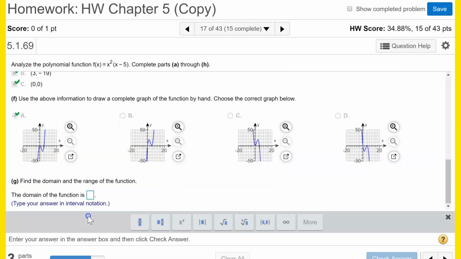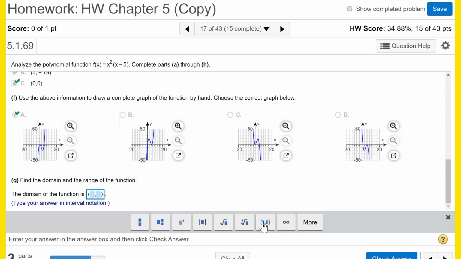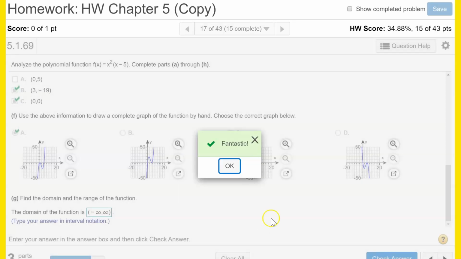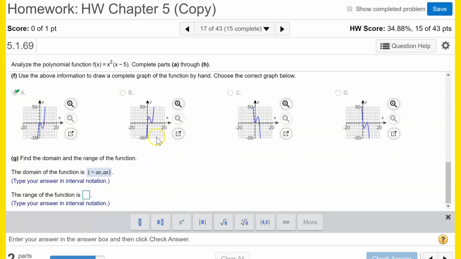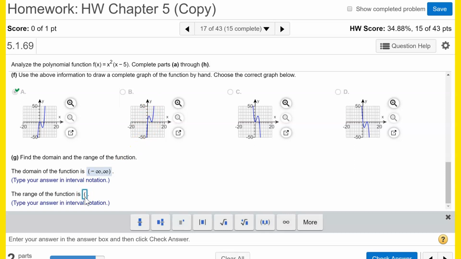The domain of all polynomials is all reals, so I think we would have to type in interval notation: negative infinity to infinity. And the range of the function, since this one goes up forever and down forever, is going to be the same thing.